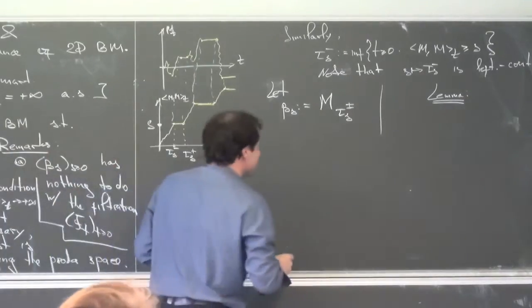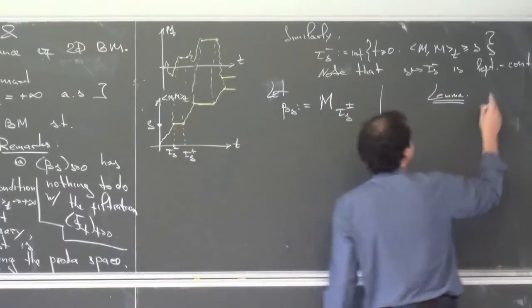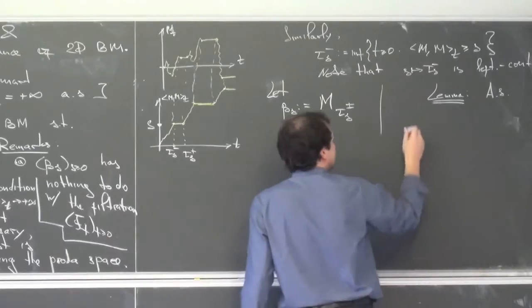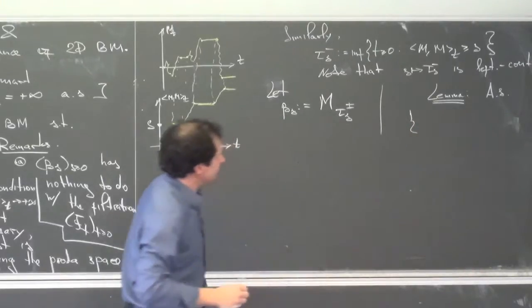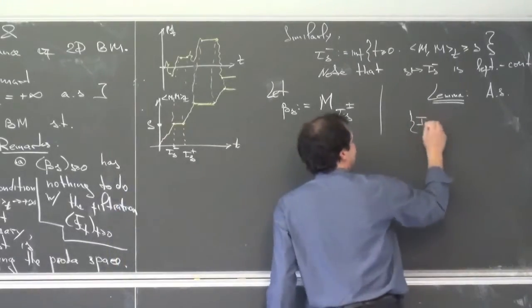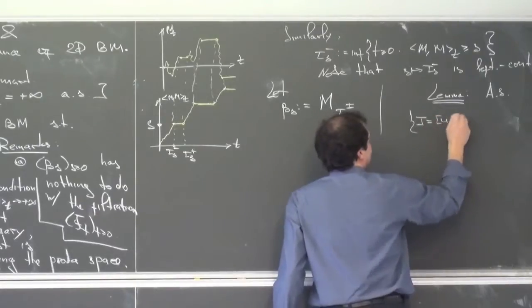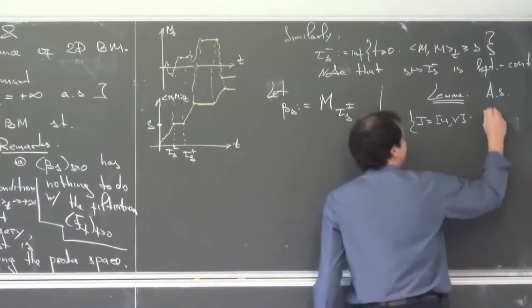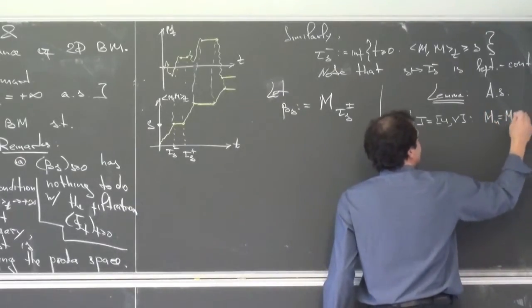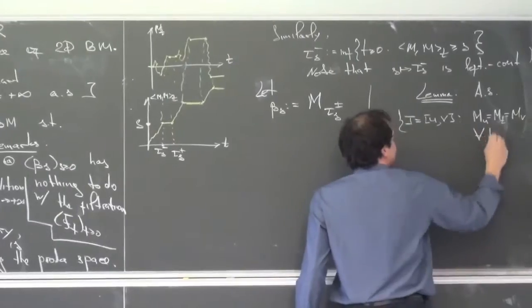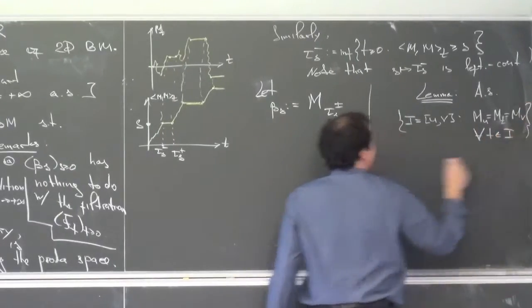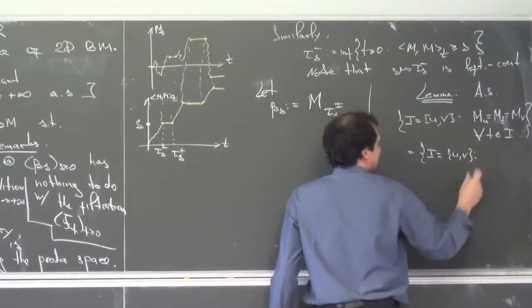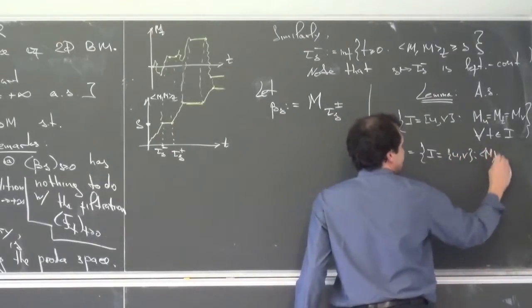Okay, so what is the lemma? The lemma is that almost surely the set of all intervals will be such that U is M_T is V for any T in E, where E is the set of the intervals such that the quadratic variation does not grow.